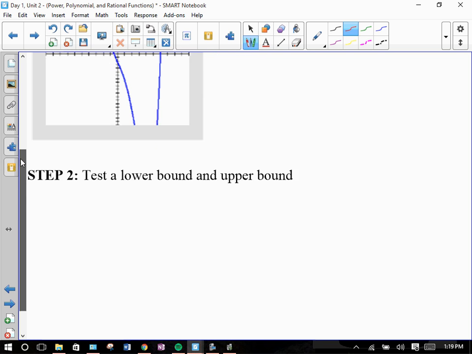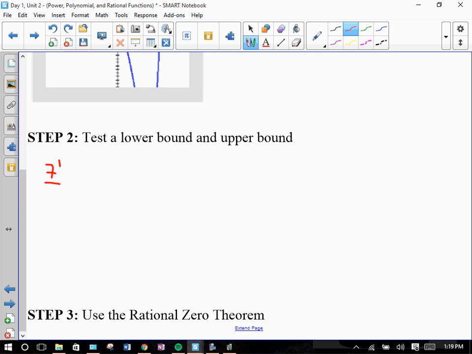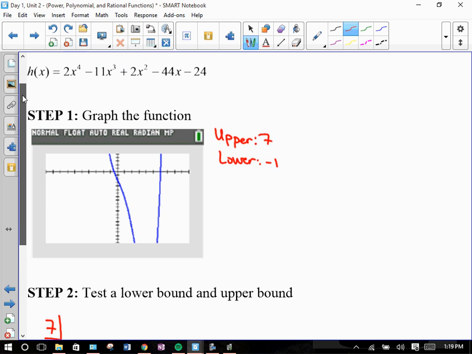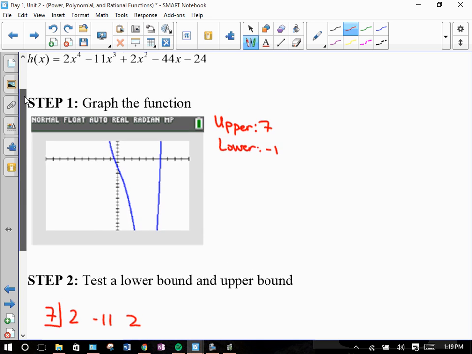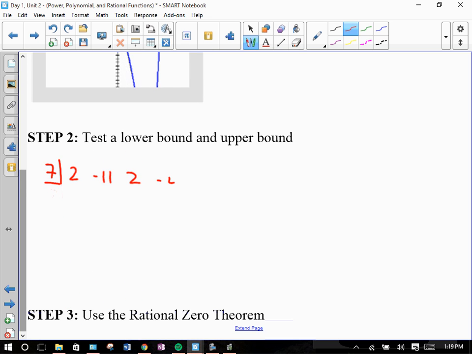First of all, let's look at 7. We're going to use synthetic division with 2, -11, 2, -44, -24. Bring 2 down. 7 times 2 is 14. -11 plus 14 is 3. 7 times 3 is 21. 2 plus 21 is 23. 7 times 23 is much bigger than 44.